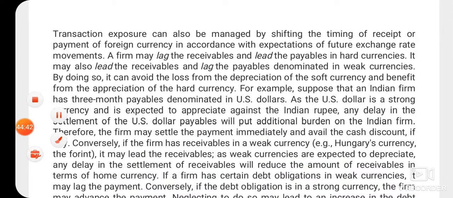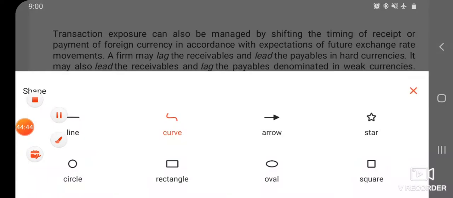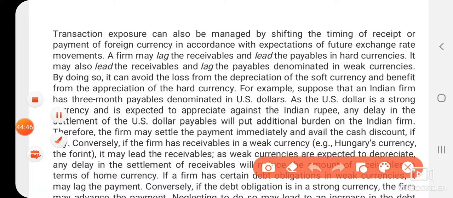We know that the currency market is unpredictable; we don't know when a currency will appreciate or depreciate. When the US dollar appreciates, our Indian currency depreciates, and we get losses. If our Indian currency appreciates, we get gains. As the US dollar appreciates, we will get the losses.